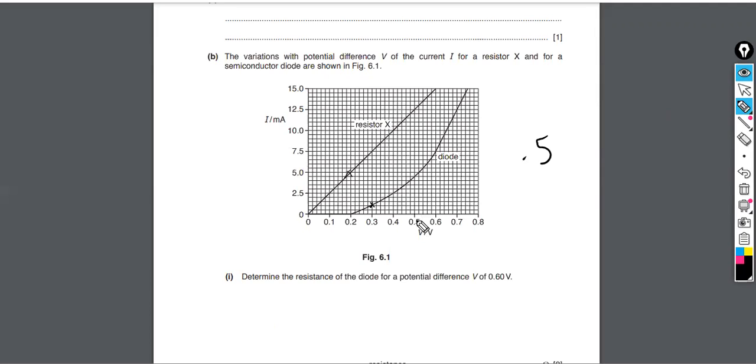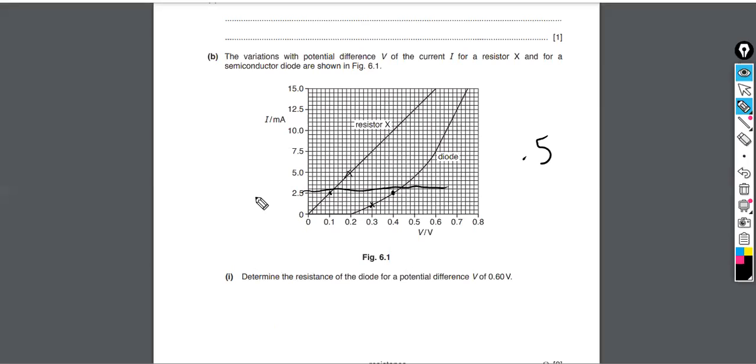We have to add up to this 0.5, and if you just look here and go, okay, 2.5 milliamps, we get a 0.1 and we get a 0.4. So if you draw a horizontal line, there has to be a horizontal line somewhere along this graph that's going to give us the same current through both of them and add up to that. And so that's what we're really looking for.